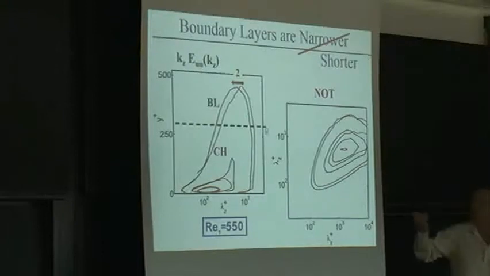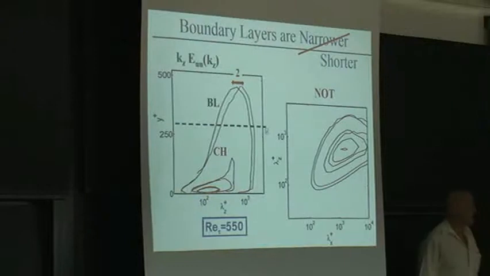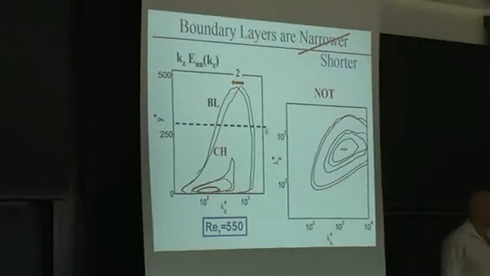If this spectrum is at 0.3 and 0.5, I think it's 0.5. Yeah, 0.5. And here, for the boundary layer, it is also 0.5.